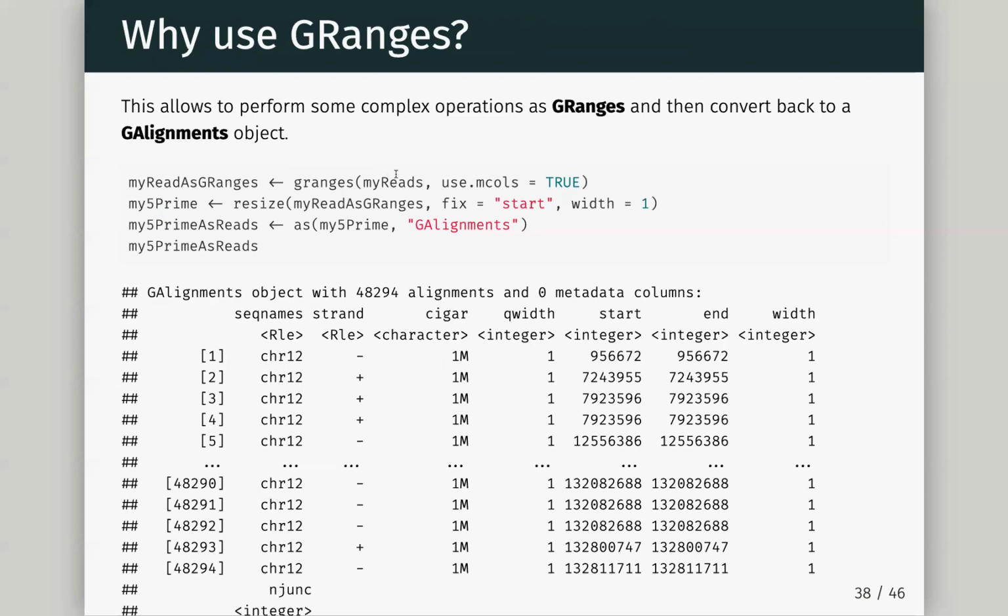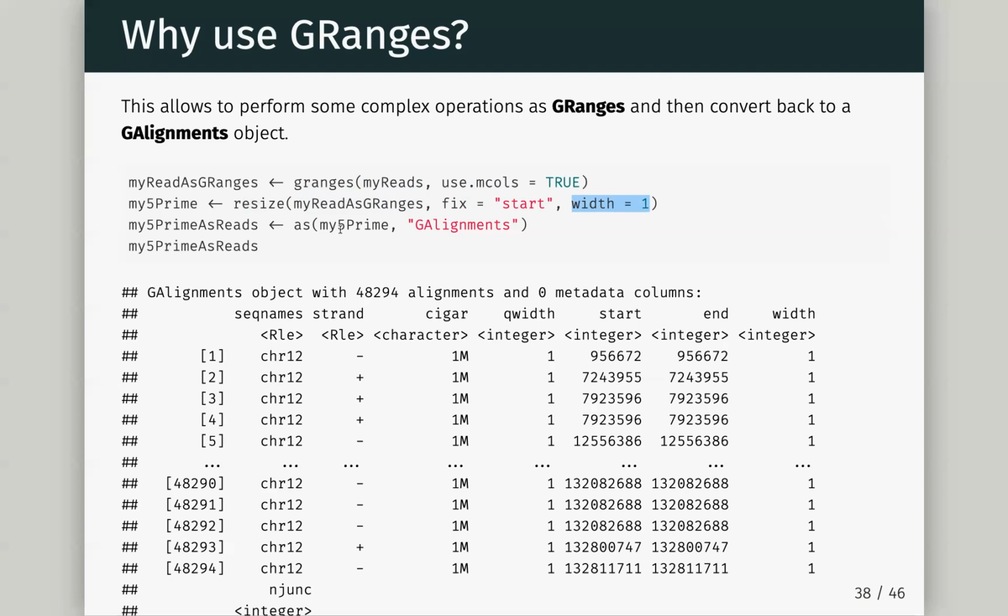This is the concept of footprinting for ATAC-seq. We take our reads and turn them into a GRanges. I can then use the resize function, which is strand aware. I take my GRanges, fix it on the start position and set width equals, so that's going to take the very beginning of the read in a strand-specific manner.